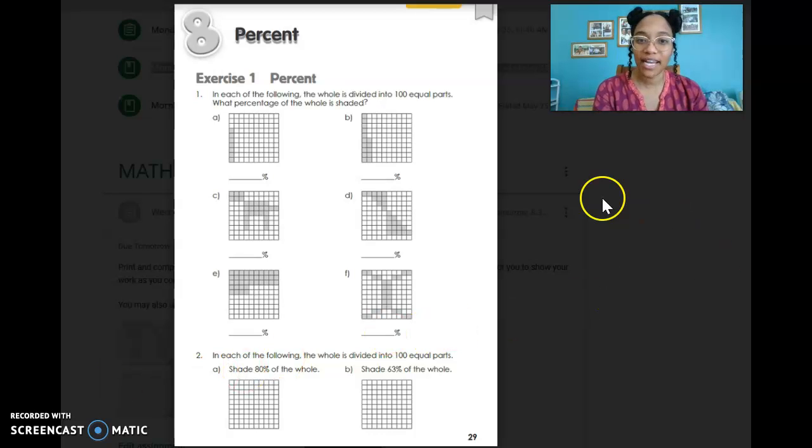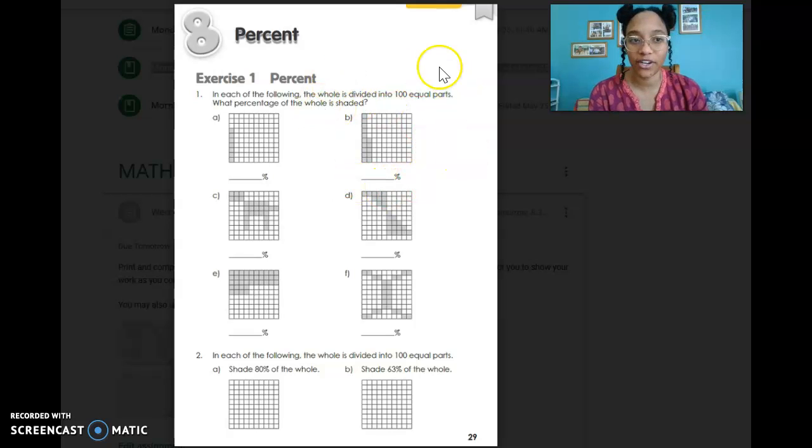So in the first exercise, you can see here that you have different hundredth squares. Remember, a hundredth square is made up of 100 little blocks in 10 rows and 10 columns. So percent really means out of 100. When you're looking at the square and converting that image into a written percent, what you need to do is count the number of squares that are shaded, and that's going to be your percent.